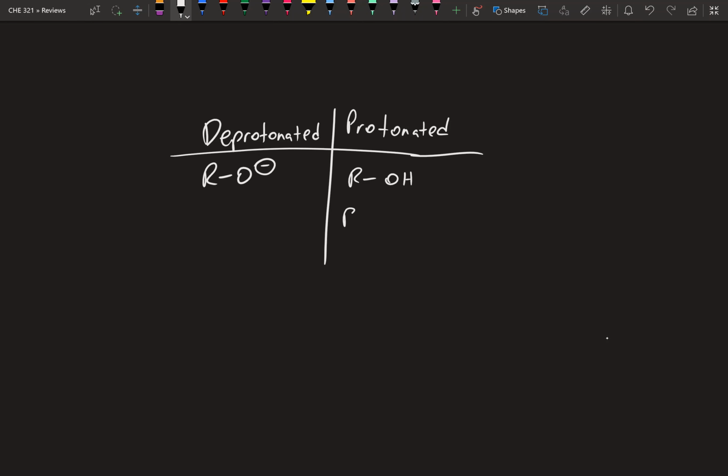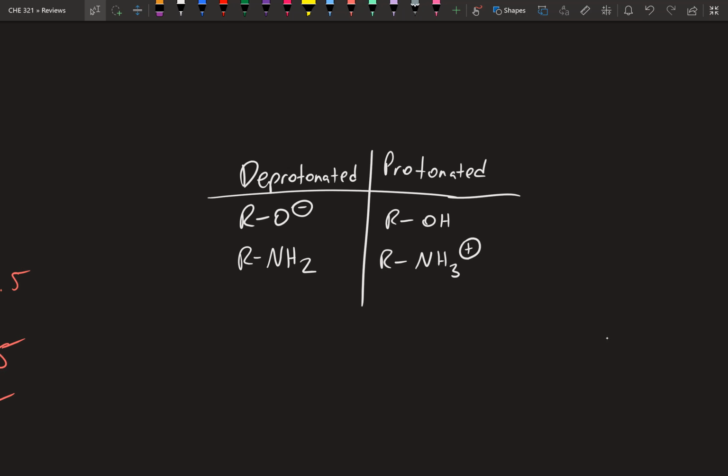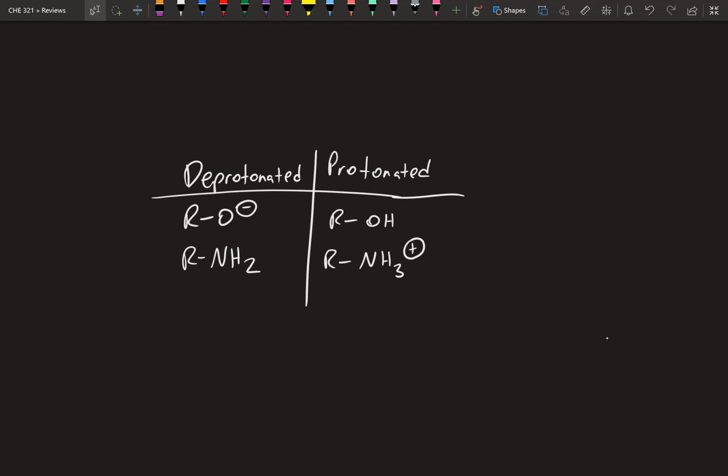Okay, nitrogens. So you have an R NH. Now, how many NHs? Well, when we have the protonated nitrogen, it's going to have 3 hydrogens and a positive charge. Deprotonated, it's going to be NH2. Okay, again, you see that protonated and deprotonated don't always correspond to negative and positively charged.